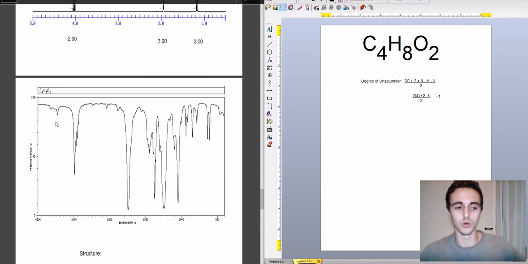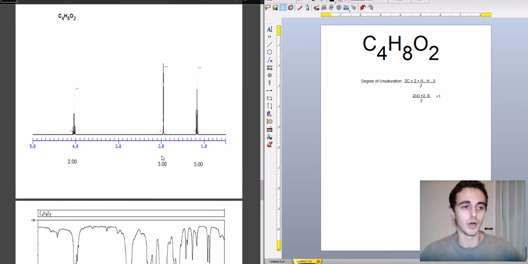That would be an O to an H. There's also no nitrogen, so you're not going to see anything here either. There's no C sp2 H's. Those would be a little further up here. So it's safe to say that our carbonyl is going to be one of our groups here. You can solve these problems roughly just knowing your NMR, but IR is a good place to start to get a visualization of what you're working towards.